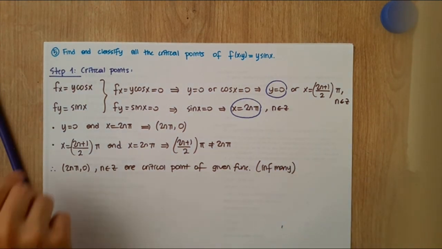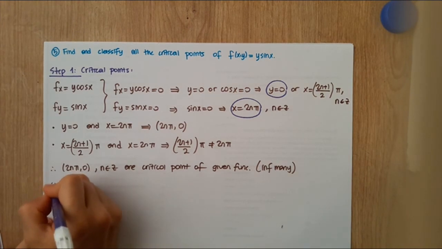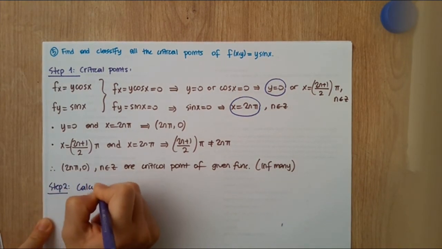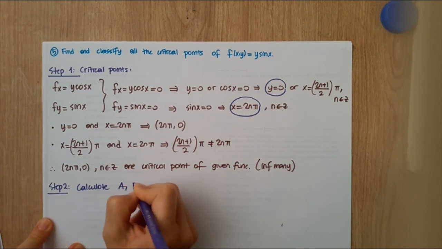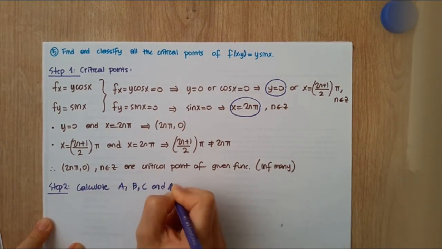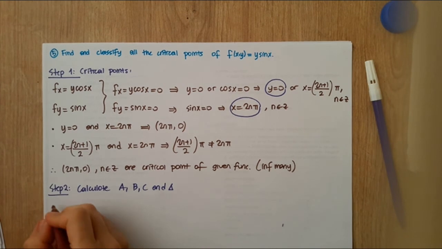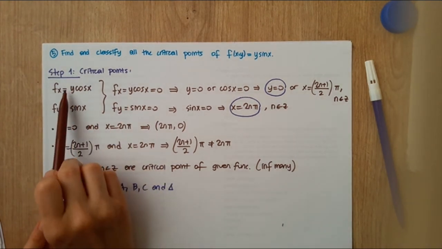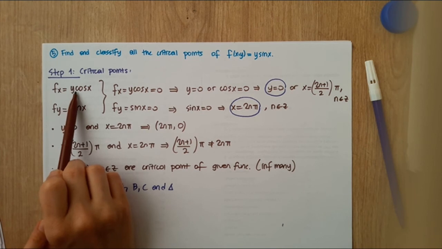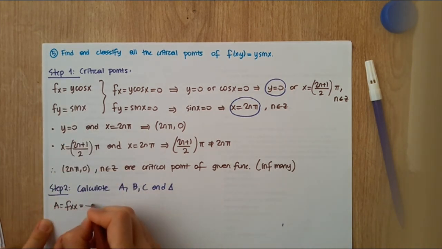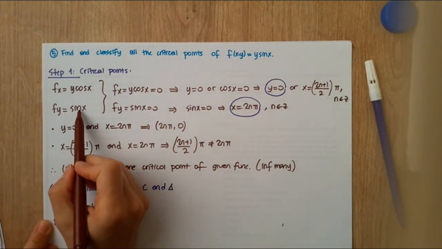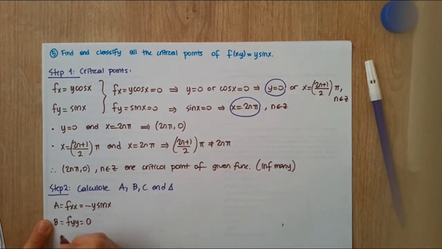Okay, so if you have critical points, you should calculate A, B, C, and delta. A is f sub xx. I will evaluate the derivative of this function with respect to x, which means minus y sine x. B is f sub yy. Derivative of this function with respect to y is 0.